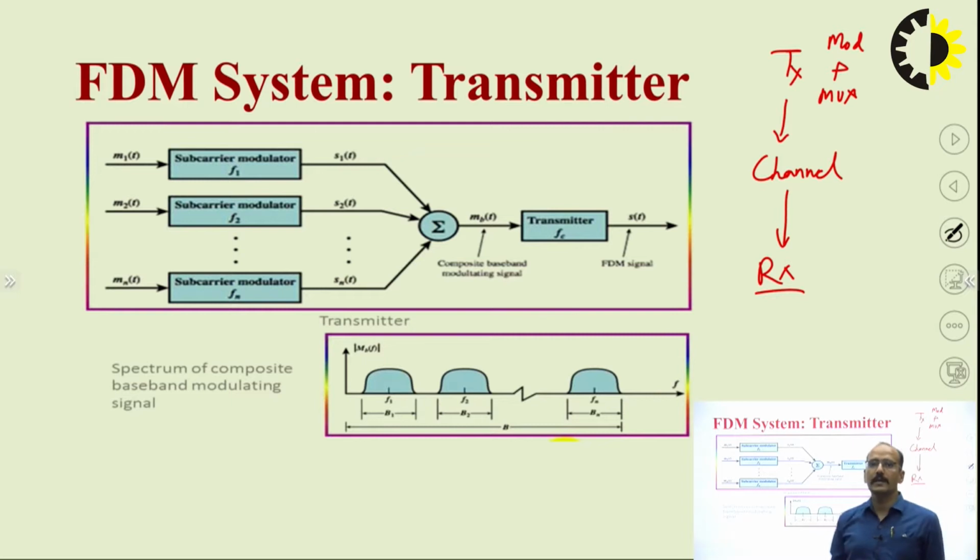Why do we use multiplexing? Because on the transmitter side there are n number of sensors. Each sensor creates data in parallel, and that data is to be shared with the ground station on a single channel. It means there are n inputs and only one output. That is why we use multiplexing.